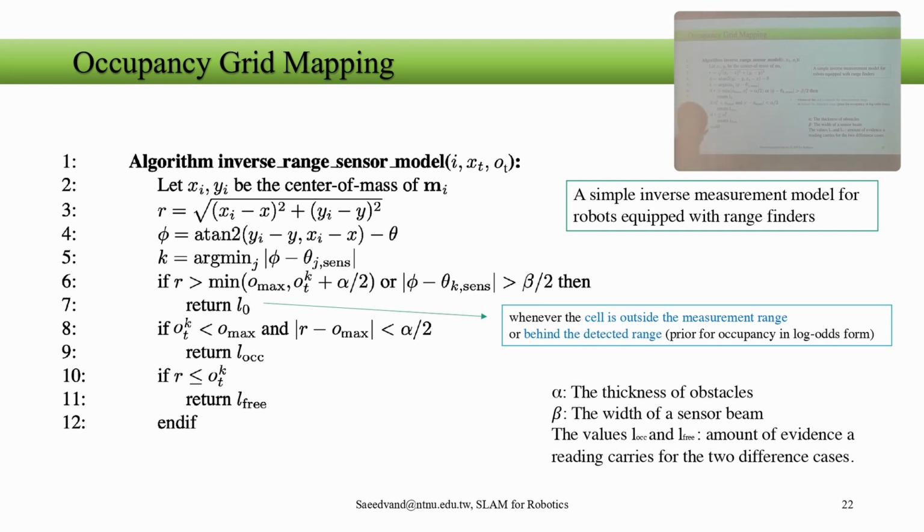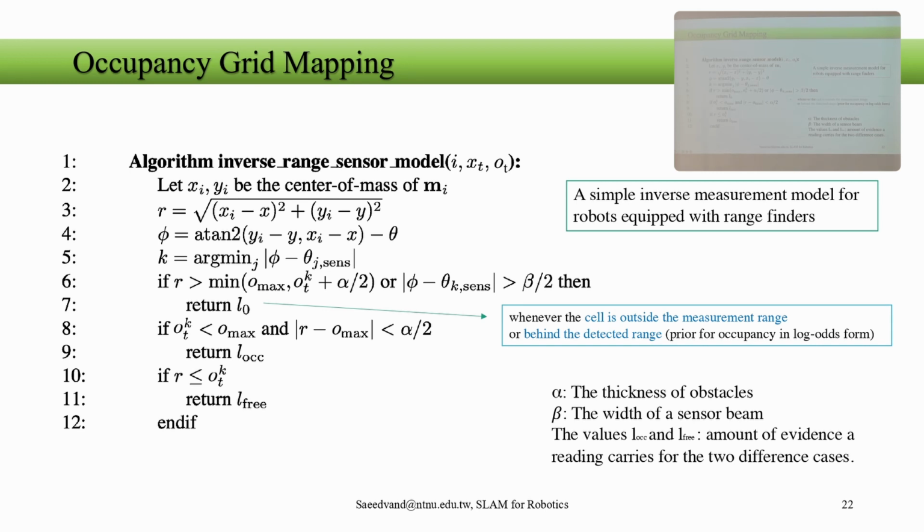It means that from the observation, we want to bring everything into consideration and calculation and return the l, whether it is occupied or not. So first of all, the inputs are coming in: which grid cell we are talking about, the pose, and the observation.